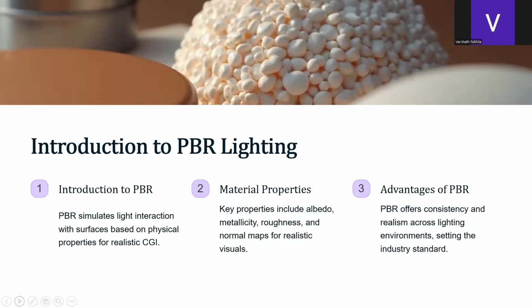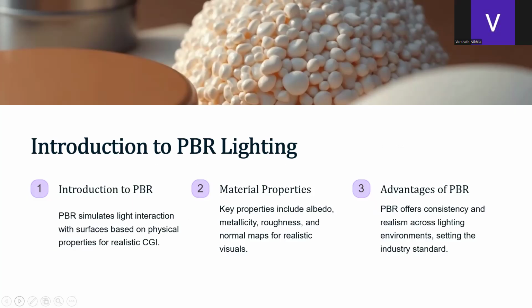And the introduction to PBR lighting. PBR is physically based rendering. It is a game changing lighting technique because it simulates light interaction based on real world material properties. The key PBR parameters are albedo, metalness, roughness, and normal maps.